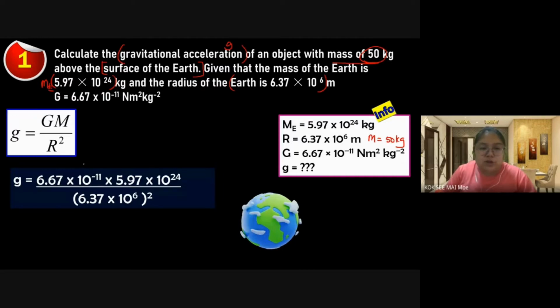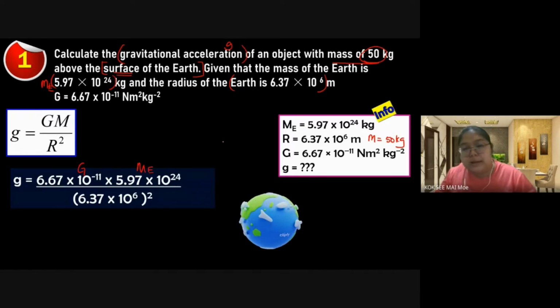So we just use the formula and put in all the info. 6.67, this one is G. This one is the mass of the Earth, not the mass of the object, it is the Earth, because every time we want to compare with the Earth, so we take the mass of the Earth. After that, the last one should be the radius of the Earth, because it says surface. Surface, so you no need to add the h.